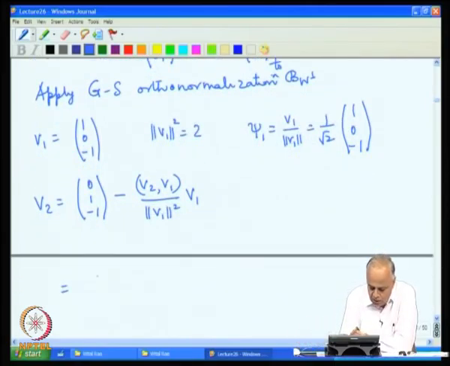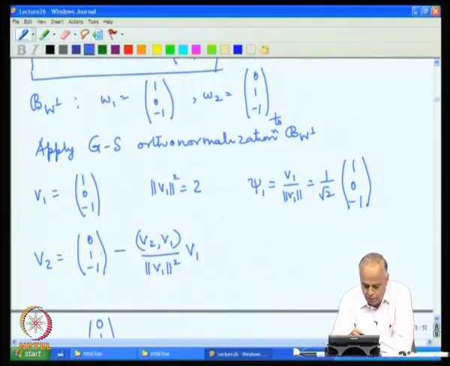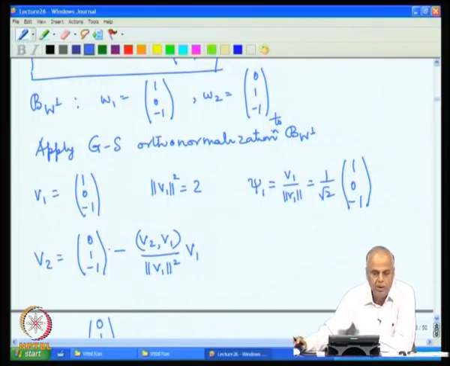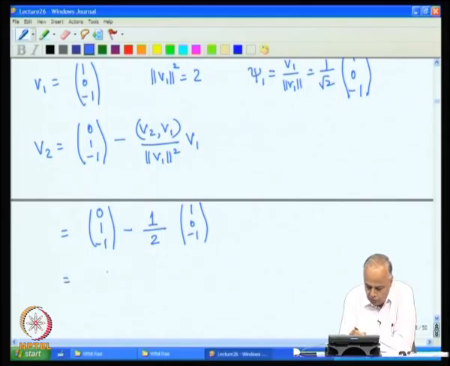What does this give us? The dot product of v2 and v1 is 0 times 1 plus 1 times 0 plus -1 times -1, which is plus 1. So, v2 dot v1 is 1, norm v1 squared is 2, times v1, which is (1, 0, -1), which gives me (-1/2, 1, -1/2).